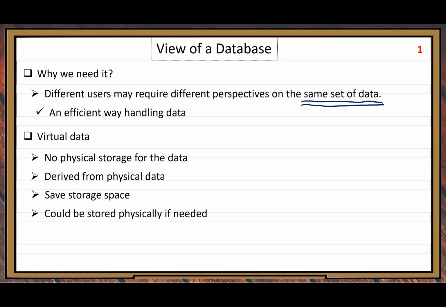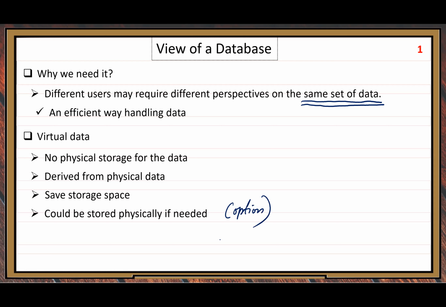You really want to keep that small number of special views, and you would like to store them physically so that later you can manipulate the data in physical tables. So you have that option.